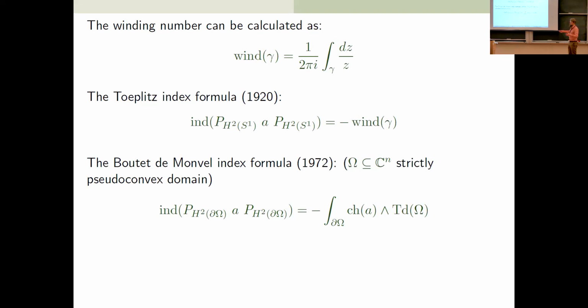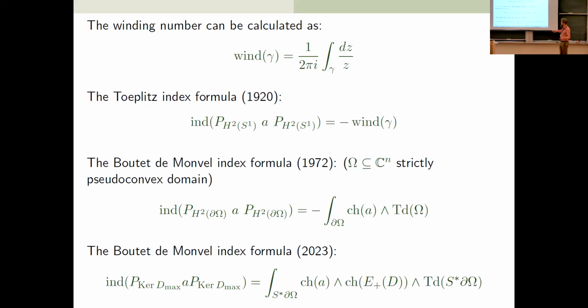And one thing that popped out from what I'm going to present is a nice generalization. You have any elliptic differential operator on any manifold with smooth boundary, and you get something kind of similar. You have the kernel of the maximal domain as the projection and so on. This result is maybe not the interesting part in itself.